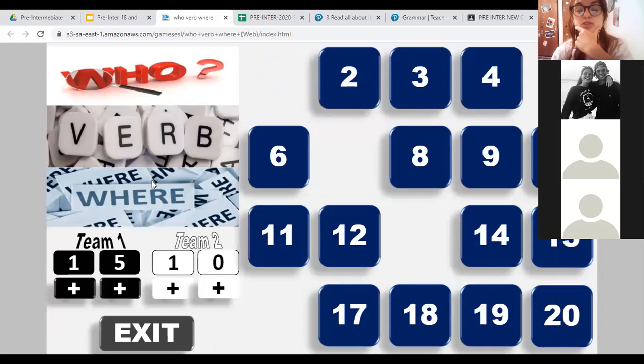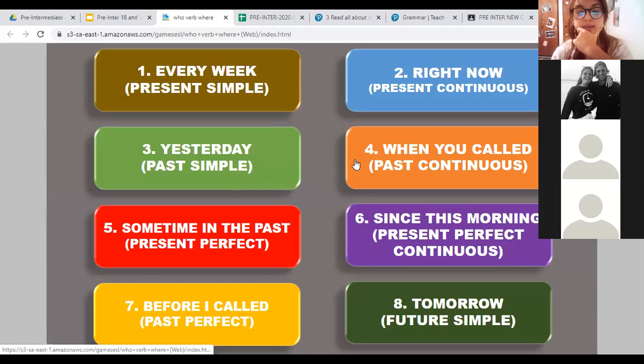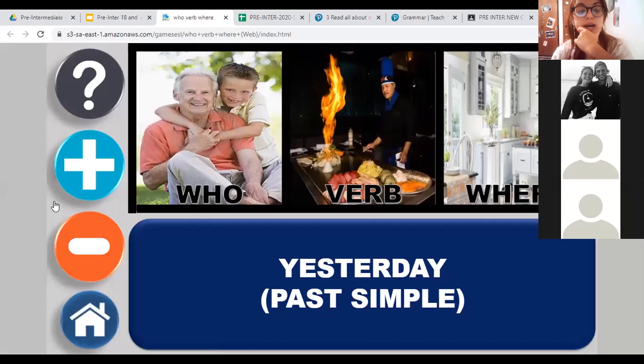Okay, we are going to do one more round. 9. Okay, pick a past tense. Past simple. Good. Now make a negative sentence. Tenemos que hacer una oración o una pregunta.